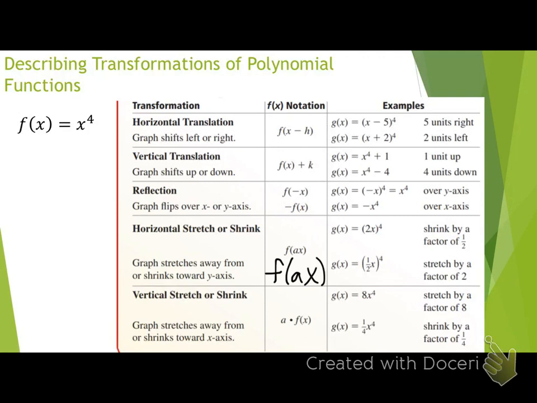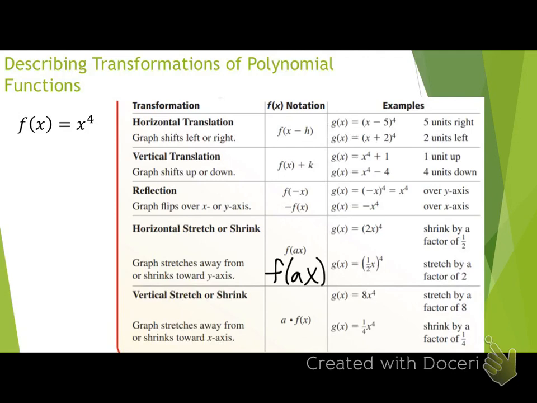And that's the opposite. Right, so back whenever we talked about this last semester, when we have horizontal stretches and shrinks, it's by a factor of 1 over a. So if my a value is 2, 1 over a would be 1/2.